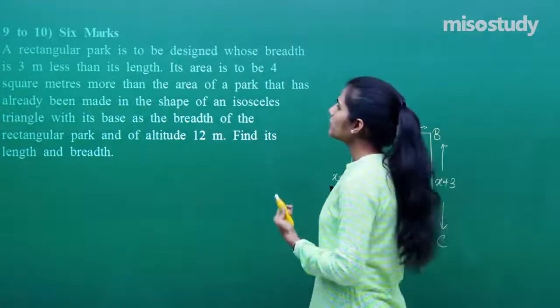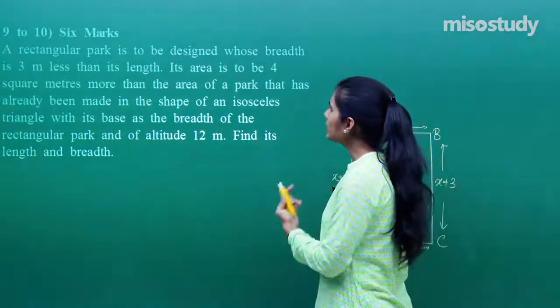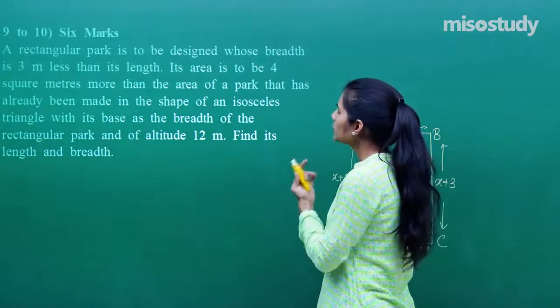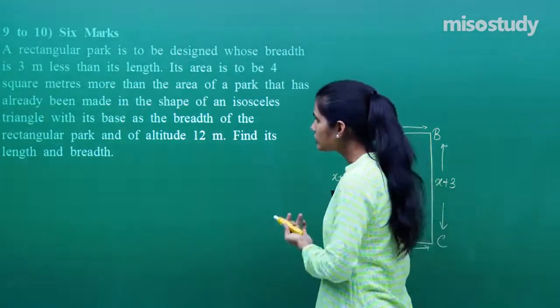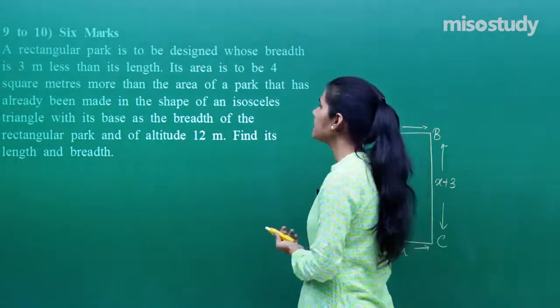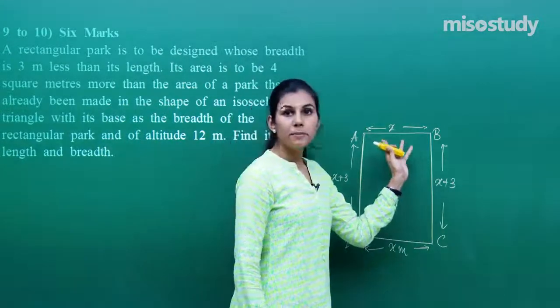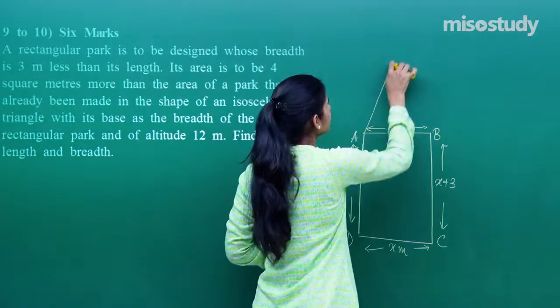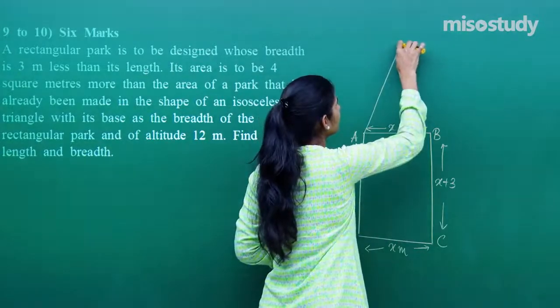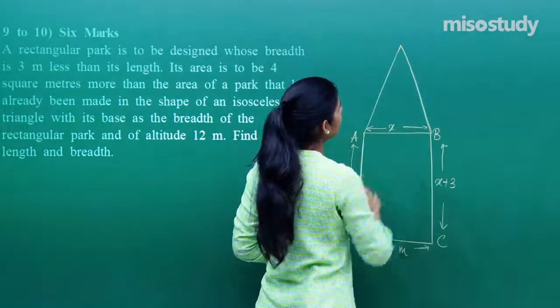Its area is to be 4 square meters more than the area of a park which is made in the shape of an isosceles triangle with its base as the breadth of the rectangular park. Keeping the base of the triangle as the breadth of the rectangular park, there is an isosceles triangle made.